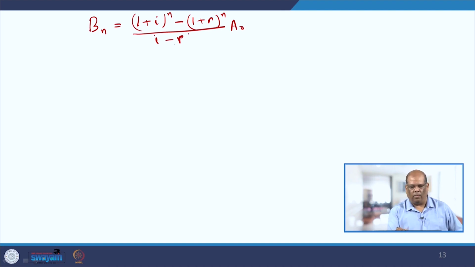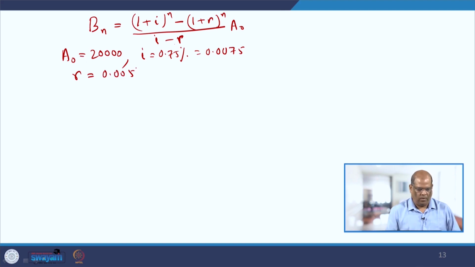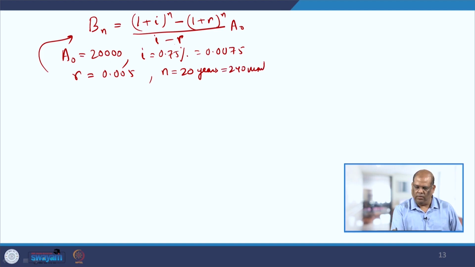So according to the problem, your A0 is 20,000, your i is 0.75%, which is 0.0075, and your r is going to be 0.005. We substitute all these values here for n equal to 20 years, which is 240 months.